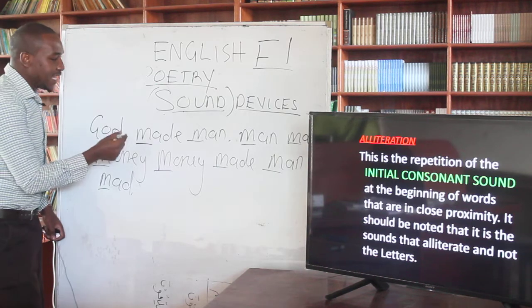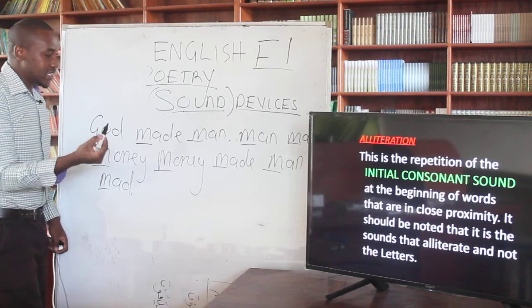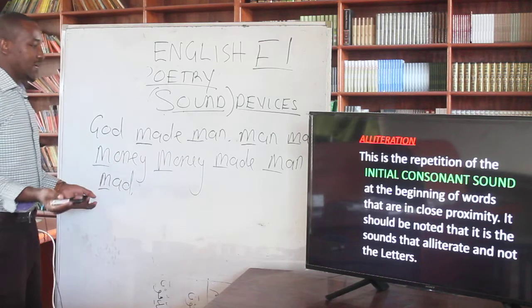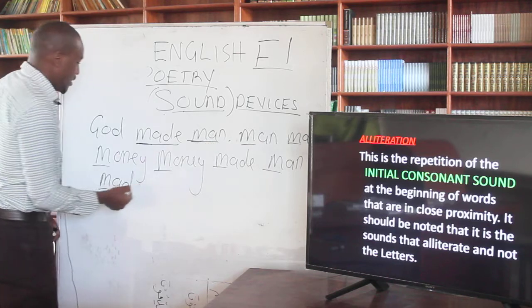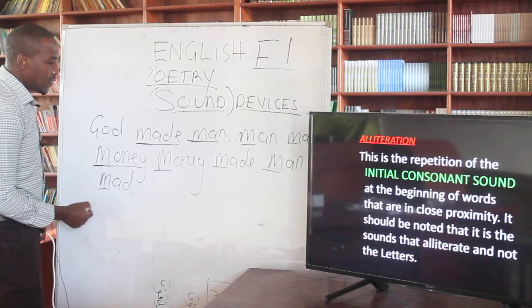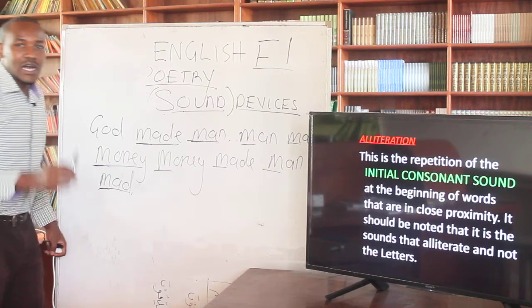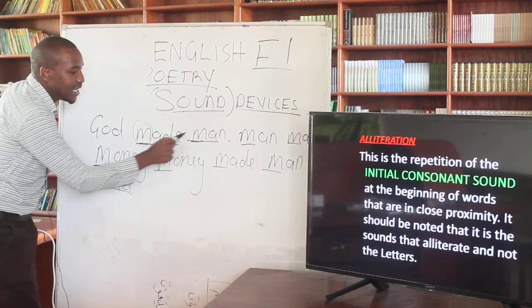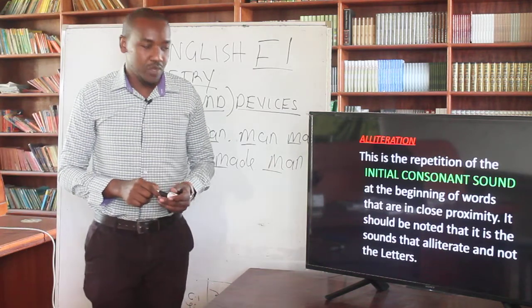So the words we can take from here are made, man, money, mad. If you look at those words, the initial consonant sound that appears at the beginning is repeated. That is referred to as alliteration.